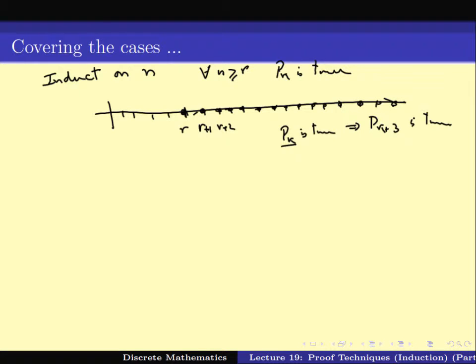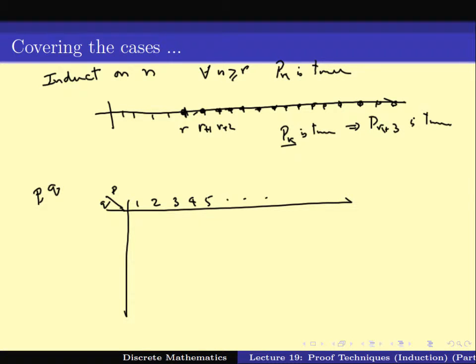But now, when I have two parameters, P and Q, it is like instead of the particular n, I have a grid for P and Q. P can be 1, 2, 3, 4, 5 and so on.